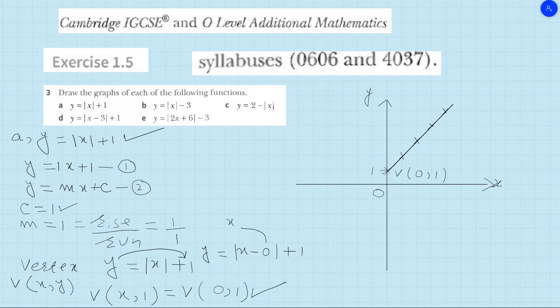Now, because we know the vertex, we can easily find that this vertex line is our mirror line. So we have to reflect all points. This point (0, 1) is on the mirror line, therefore this point will not reflect. This point is 1 square from the right, this should be 1 square left. This is 2 squares left. This is 3 squares left. And this is obviously 4 squares left.